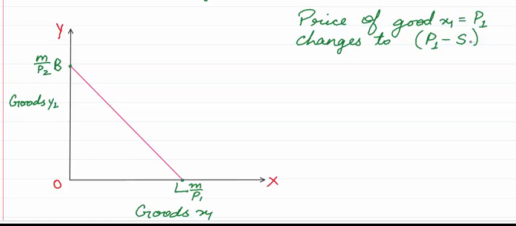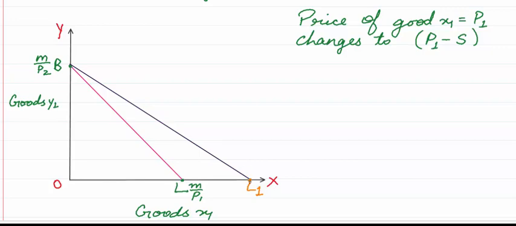So in this case, the budget line being pivoted at the y-axis will shift outward on the x-axis. Let's see how. Let's say the new budget line is BL1. So here BL1, the outer line, is the new budget line of the consumer.